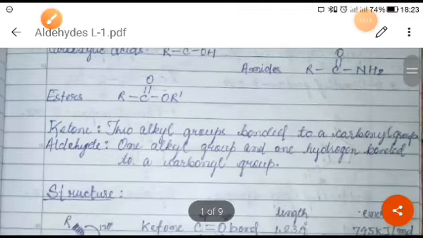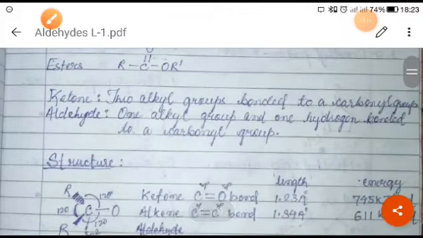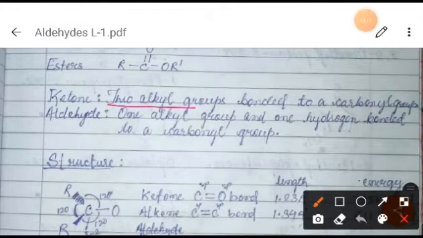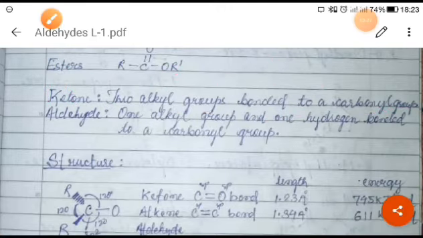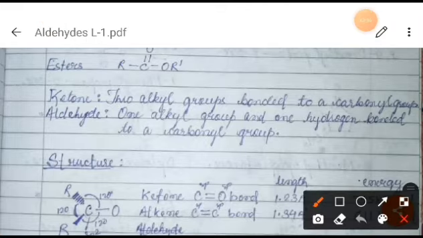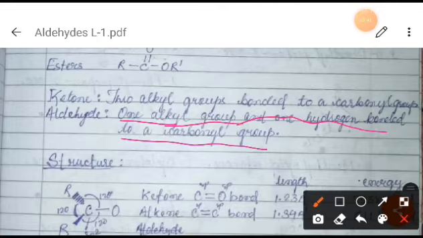In ketones, two alkyl groups are bonded to a carbonyl group. In aldehydes, one alkyl group and one hydrogen are bonded to the carbonyl group.